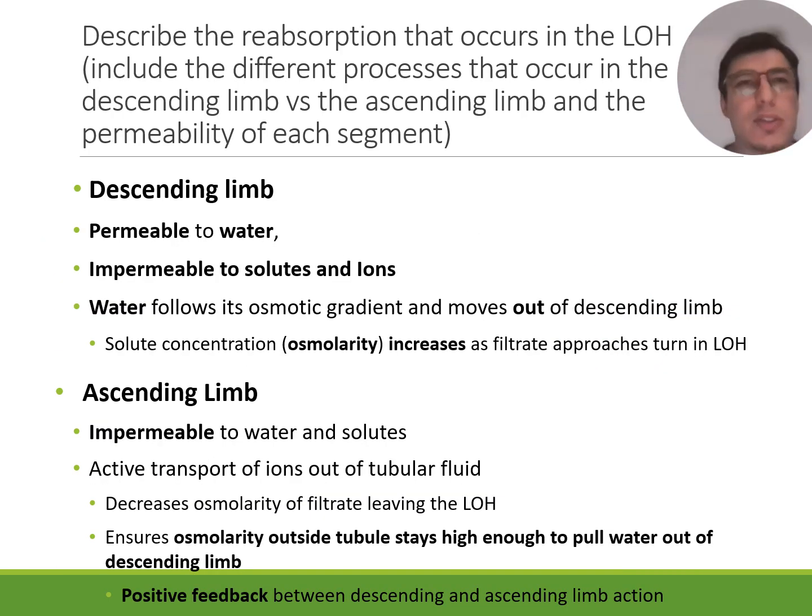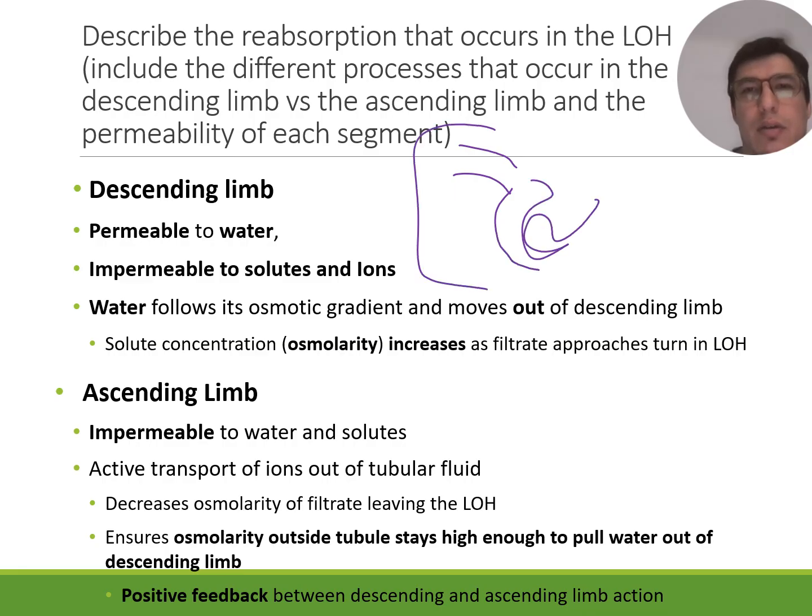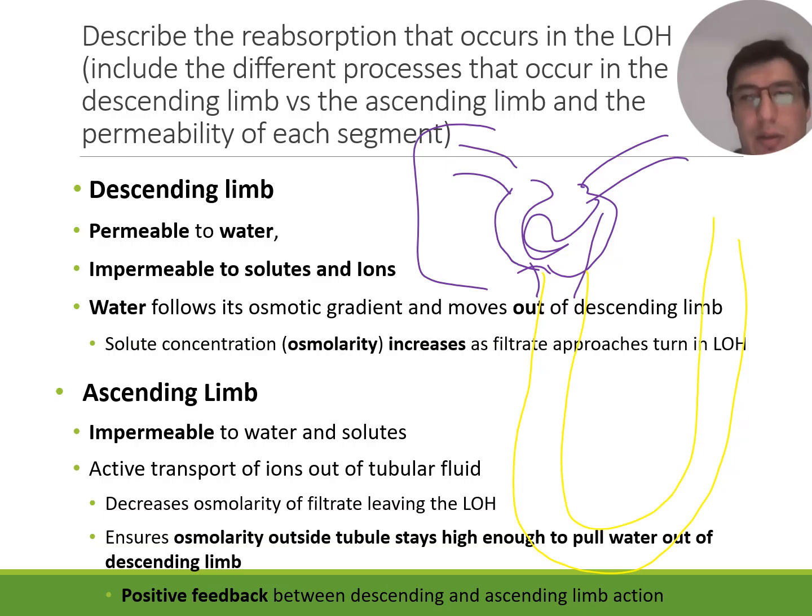Okay, so the next question is: describe the reabsorption that occurs in the loop of Henle. Include the different processes that occur in the descending limb and the ascending limb and the permeability of each segment. So again, we have that filtration unit, that nephron, and we have our corpuscle here. Once we have our filtrate out of that corpuscle, we're going to get into the proximal convoluted tubule and then into the loop of Henle.